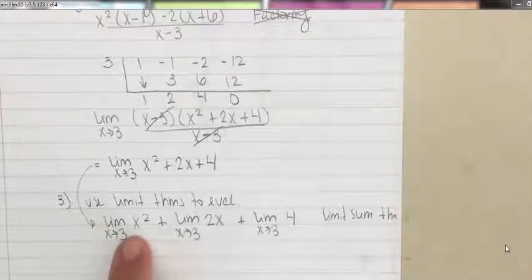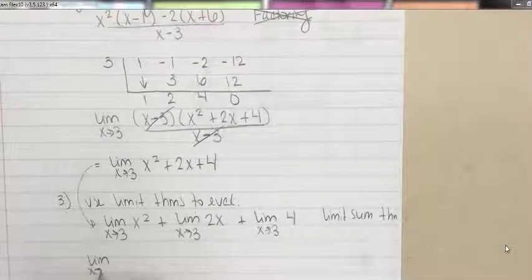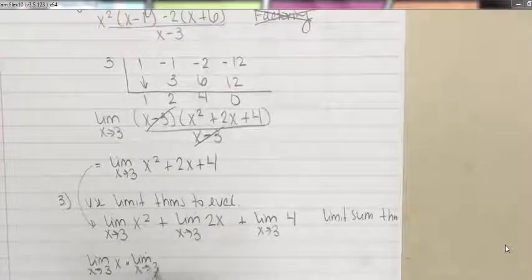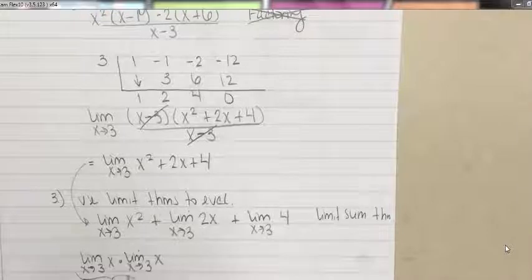Now really, this is x times x, right? So that's the limit of a product. So I can go the limit as x goes to 3 of x times the limit as x goes to 3 of x. And this right here, I just did limit of product.